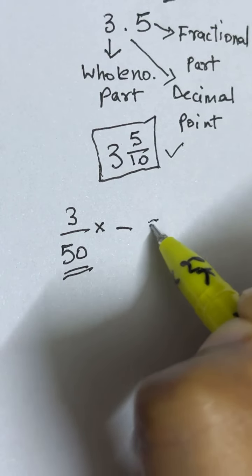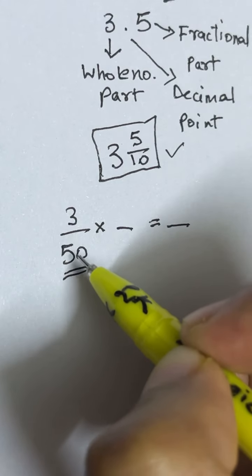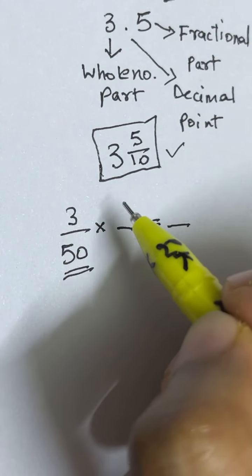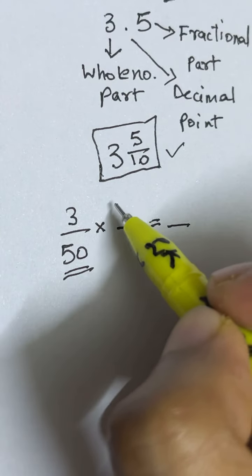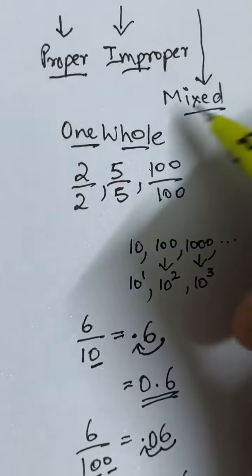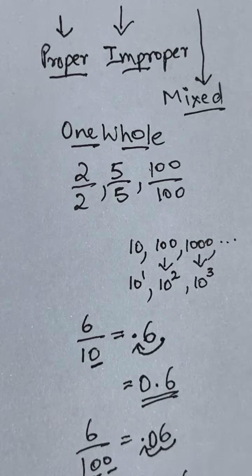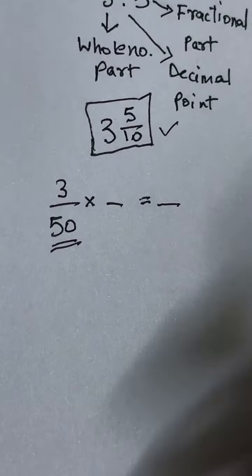So we are going to convert it into a multiple of 10. Like 50 can be converted to 100. How? You multiply with a one whole, something where the numerator and denominator are the same.